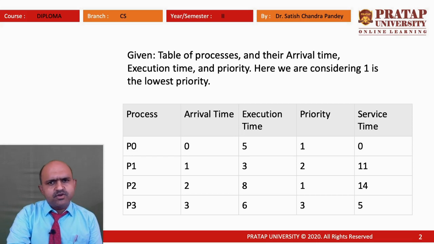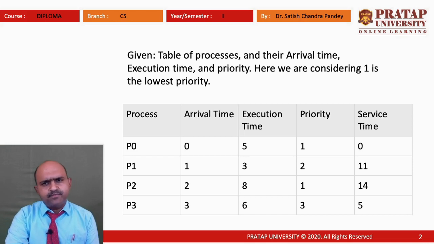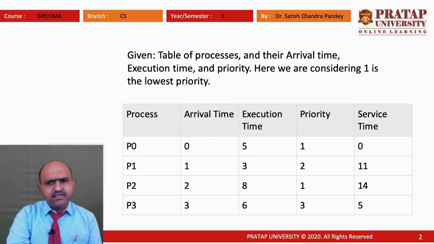P0 has 1, P1 has 2, P2 has 1, P3 has 3. In the given table we can see priority 1 for 2 processes.